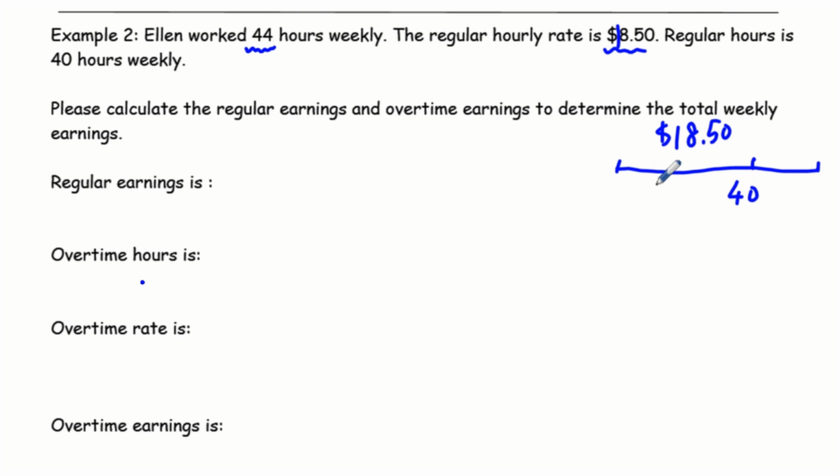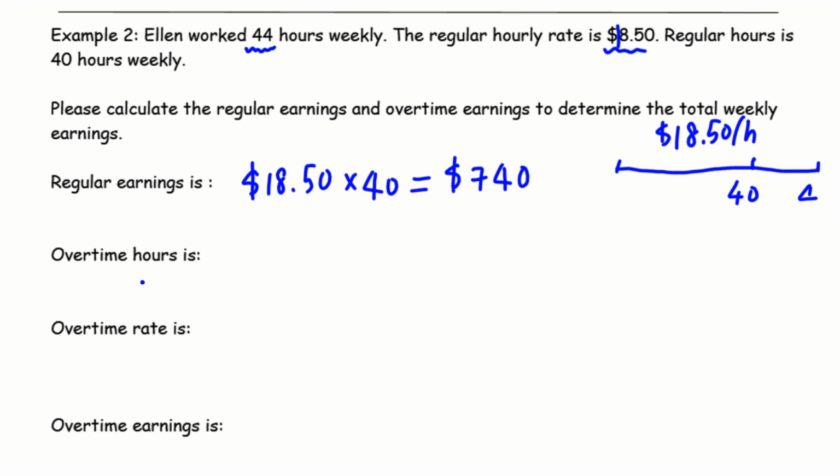So when we do this, regular earnings is regular hourly rate times regular hours. So $18.50 times 40. Then you are going to have $740. Use your calculator. Then after that, we need to figure out the overtime hours.